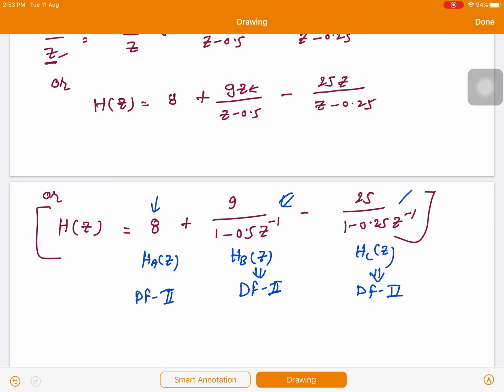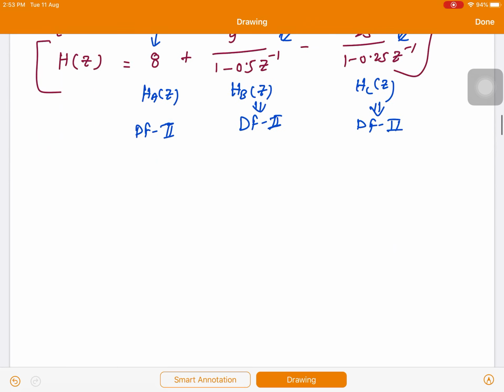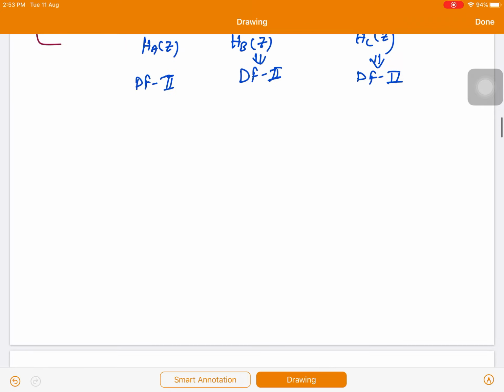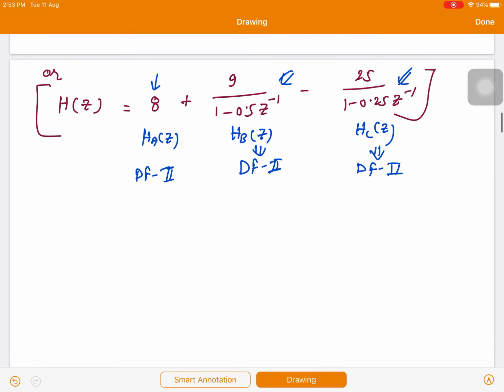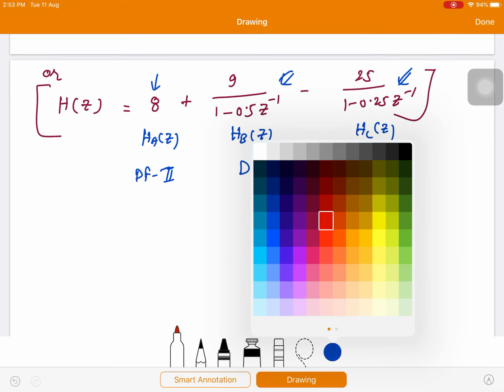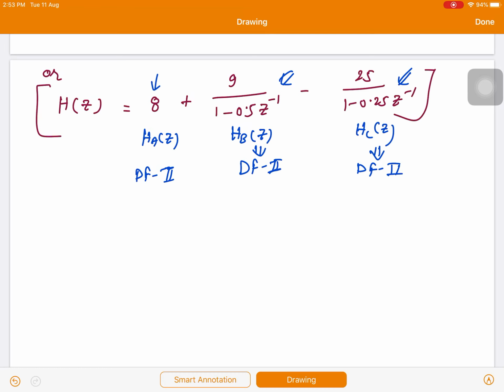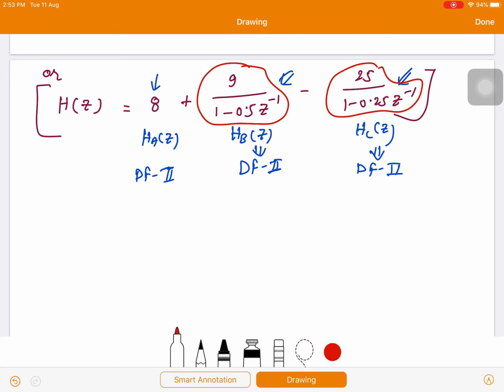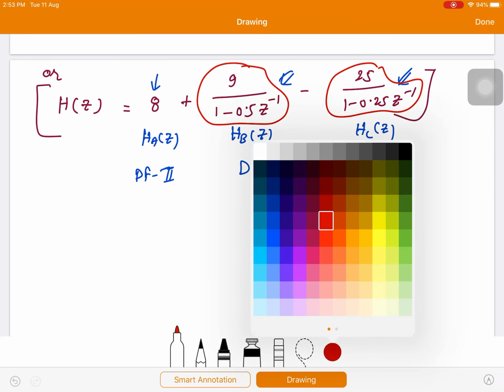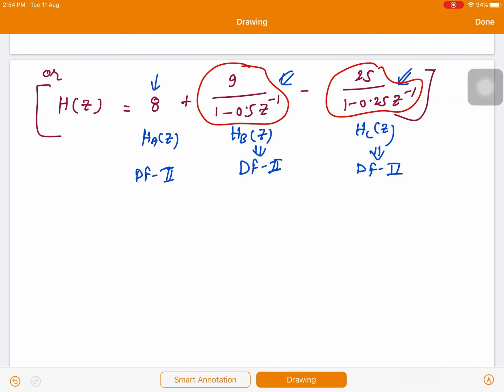Okay, so I'm just drawing the final realization figure. But you have to solve these two with the help of direct form 2, this one and this one. Once your direct form 2 is calculated, you have to draw the realization diagram.